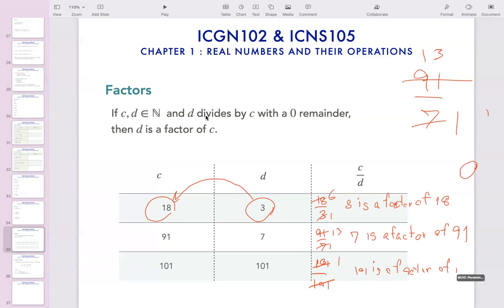So 101 is a factor of 101. Easy for this, right? Okay, now before I move on to the next slide, do you have any questions?